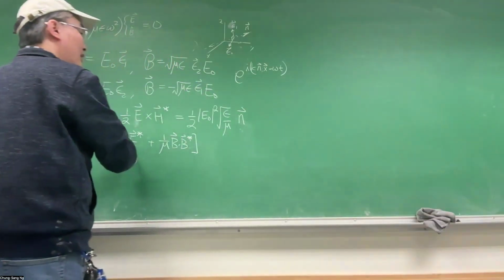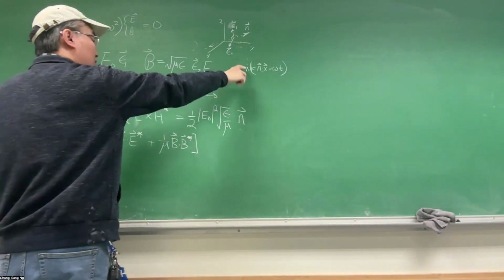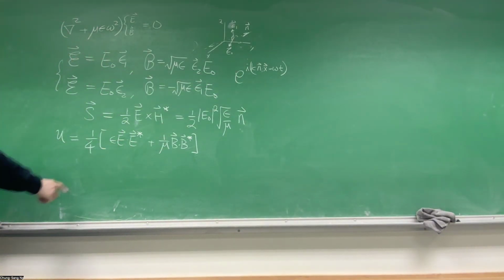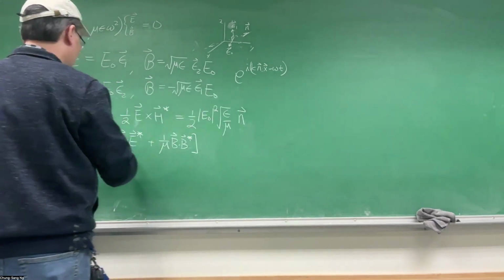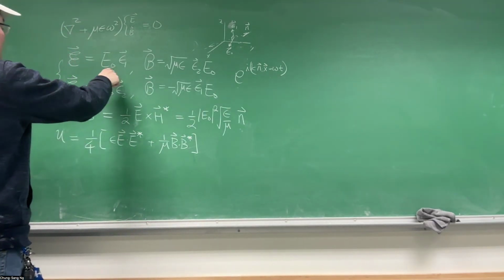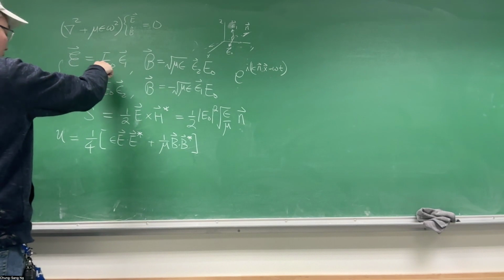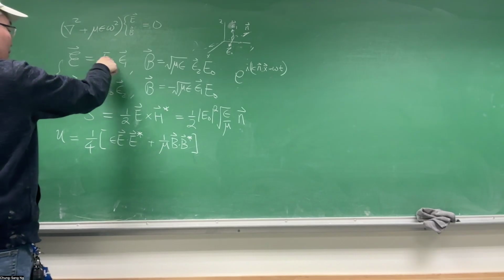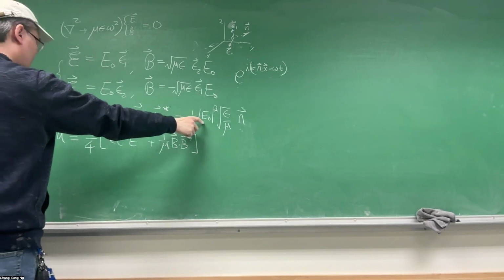When you take the complex conjugate of the phase, that changes i to minus i, and the product makes it 1. So this phase doesn't contribute to this product. So only this one: you have E dot E, this one dotted into itself, so magnitude of E0 squared.